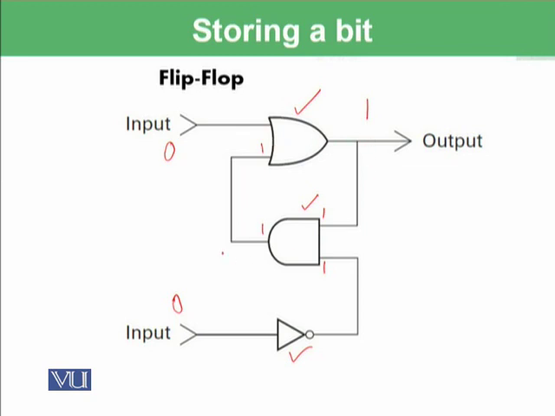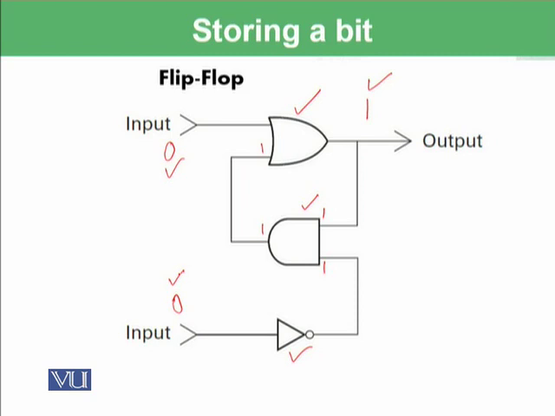So this circuit will keep on running, but it will contain the previous value which we have stored as 1 using this flip-flop in a particular bit. This is because we have control of these 2 inputs. If we keep these 2 inputs as 0, 0, then this circuit will retain its previous value.